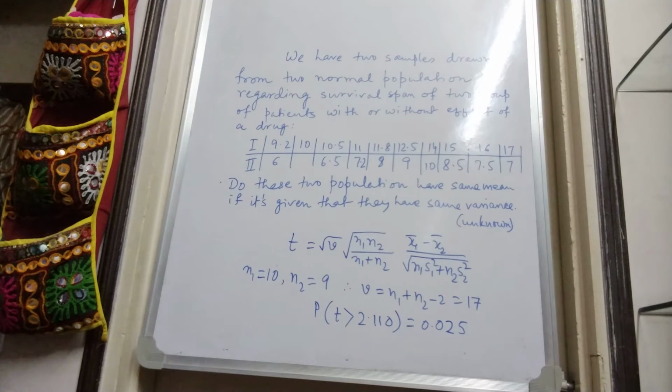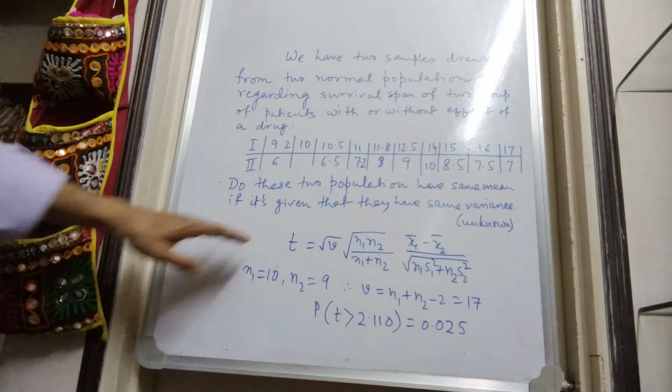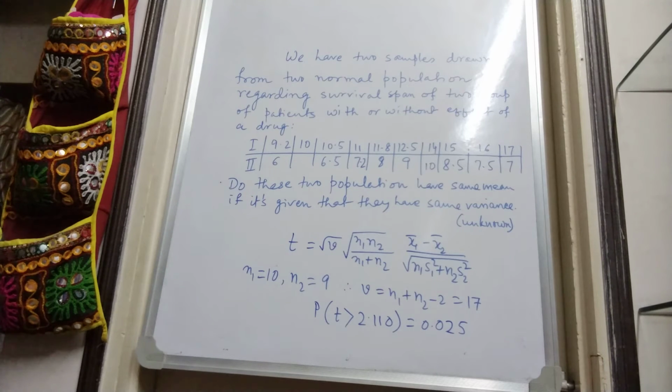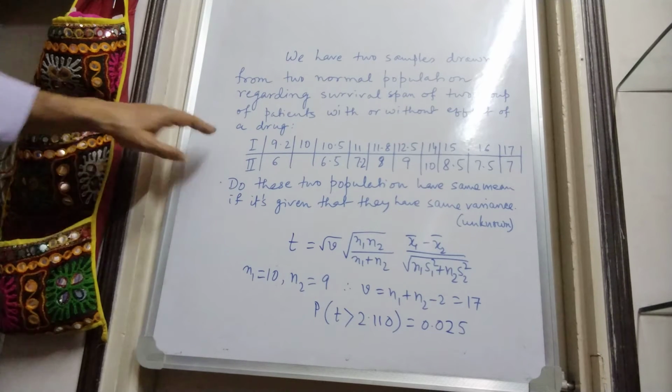Then can we test the hypothesis, or can we infer from this data that these two populations have the same mean? In this particular type of problem, we should use the t statistic defined by this. This is the t statistic which we should compute first from this data.